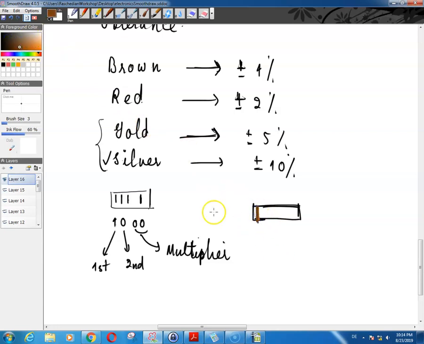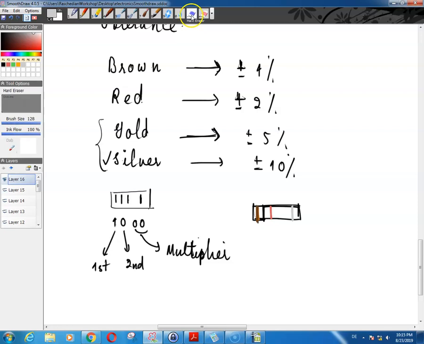And then you have a 0, which is a black. So you have a black over here, and then you have a multiplier of 100, which is a red. So you would have a red over here, and then for a 10% resistor, you would have silver. Silver would be something like this.